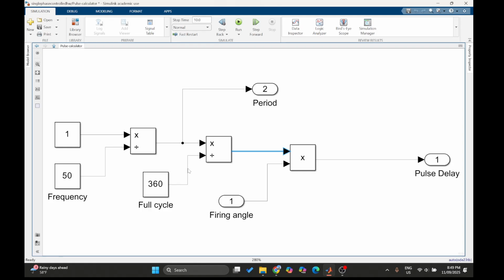So period time divided by 360 will give me a value here, and when I multiply that value with the firing angle, I get the pulse delay.